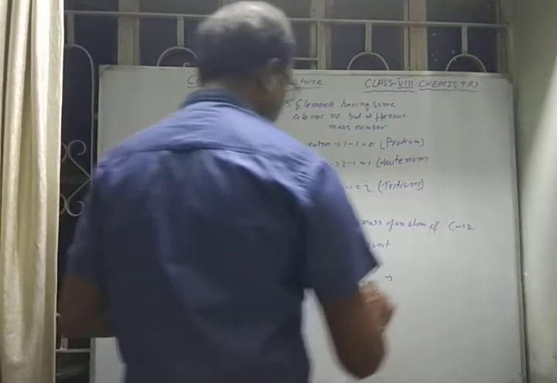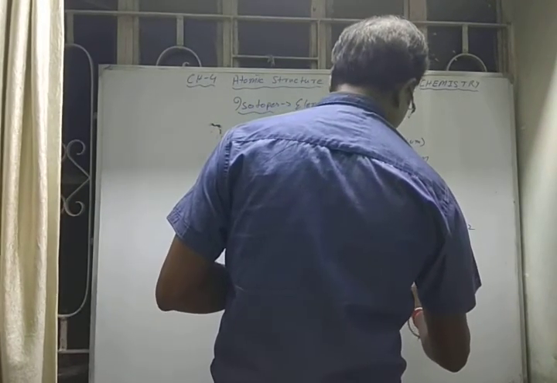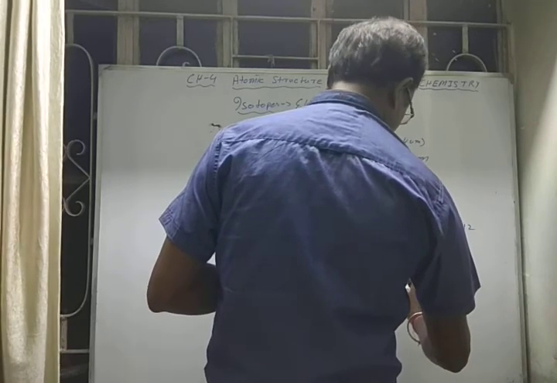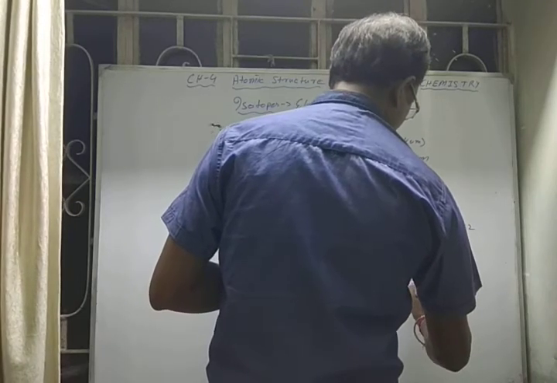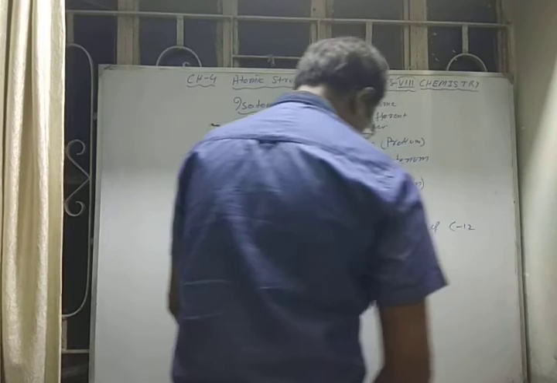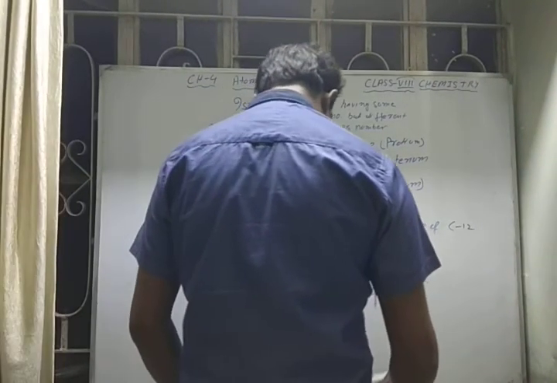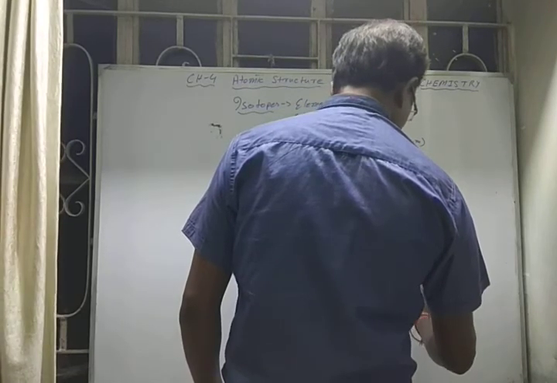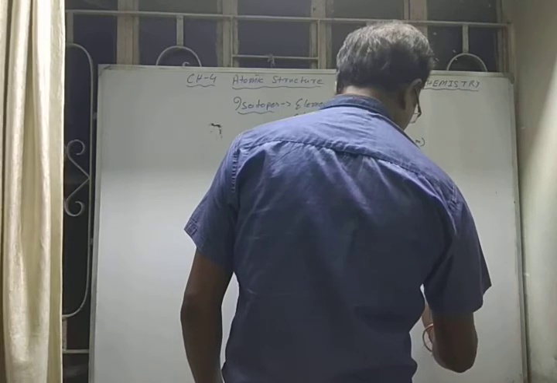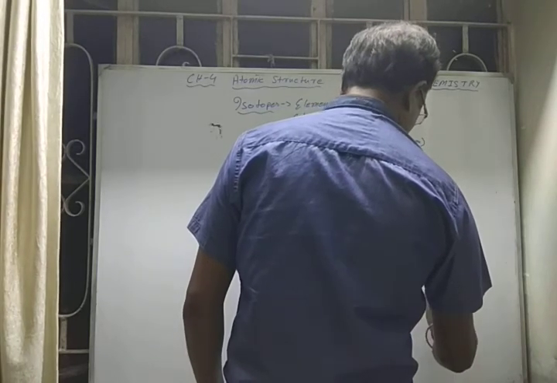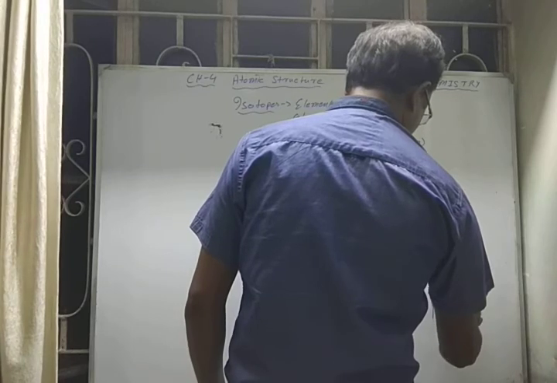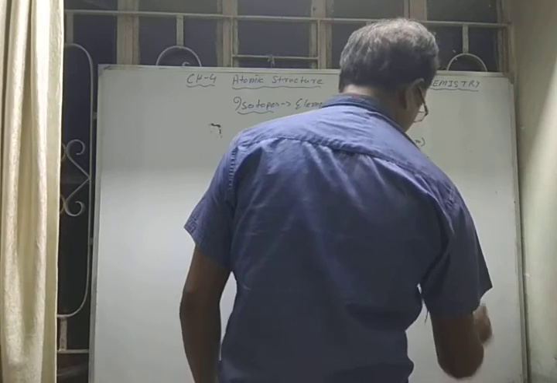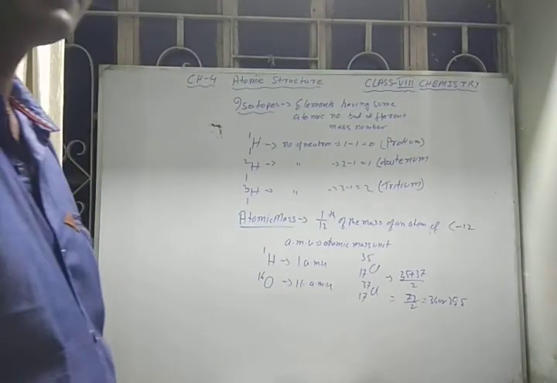If you calculate the atomic mass, 35 plus 37 is 72, divided by 2, equals 36, or approximately 36, but actually it is taken as 35.5.